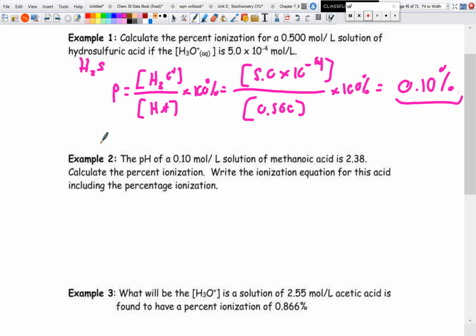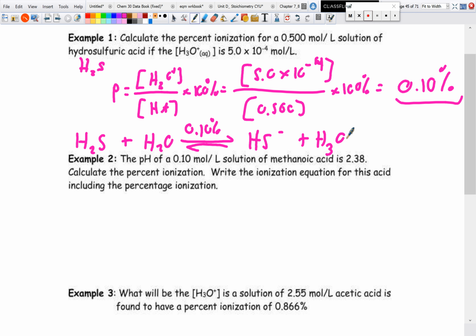All right, so if we had to write this inside of an equilibrium law, that 0.10% will go up on top, and of course we get HS- plus H3O+. Now I know this question doesn't stay right at an equilibrium law, but that's how we can take this percentage and put it inside of our equilibrium. And we've done this in previous examples as well when we first did equilibrium back at the beginning of this unit.